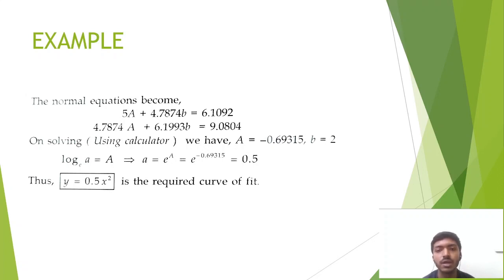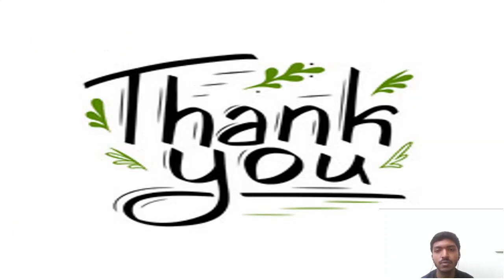Using a calculator, we get the value. We substitute the values, and thus we get y = 0.5x^2 as the required curve of fit. As we come to the end of the video, I'd like to thank you for watching.